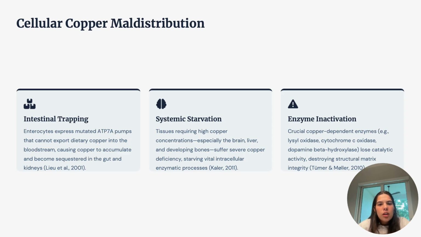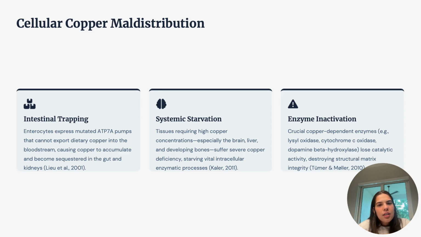The cellular copper maldistribution and enzyme inactivation, exactly. At the cellular level, enterocytes express mutated ATP7A, and its pumps cannot export dietary copper into the bloodstream, causing copper to become sequestered in the gut and kidneys.